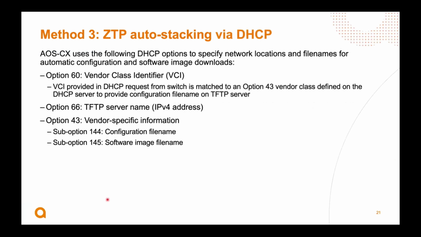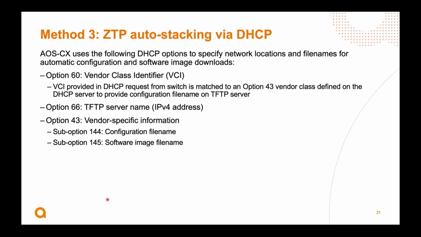So we use these DHCP options to specify where the TFTP server lives and what file name the switch is going to download that contains the configuration, and optionally the software image that will be used for automatic upgrades or downgrades as the switch boots as part of the ZTP process.